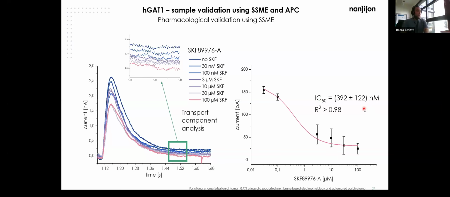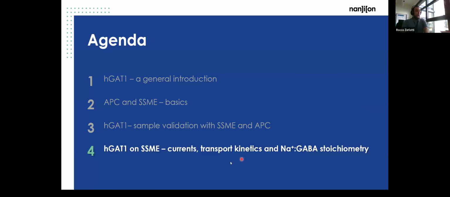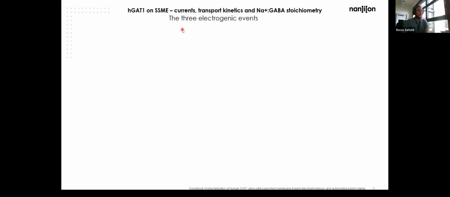So now, just to see a bit of data that we were able to generate with solid supported membrane electrophysiology. First of all, as the title says here, we see 3 electrogenic events with solid supported membrane electrophysiology, while in patch clamp we only saw 1, the straight line basically for the transport.